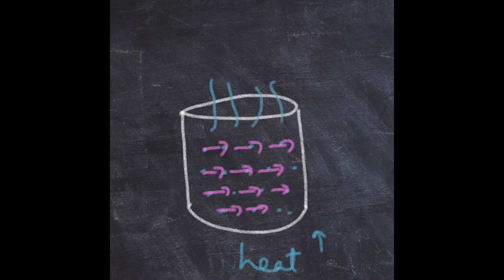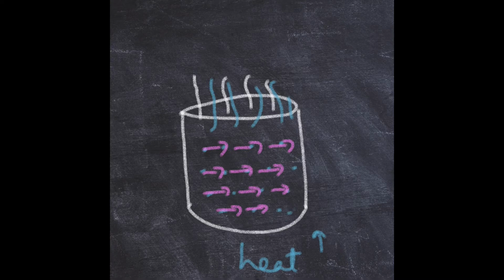Okay. They will start converting into vapors and they'll start rising. Now, some of the particles which are converting into vapors will also return back into the beaker. They will condense back into the beaker.